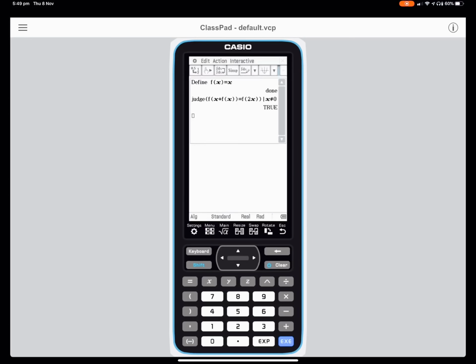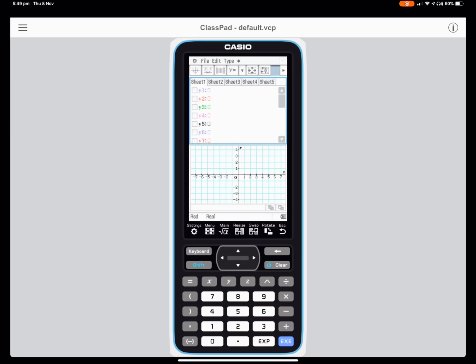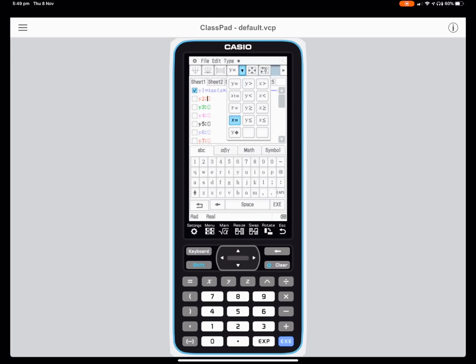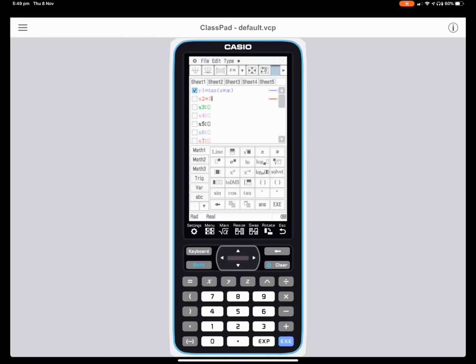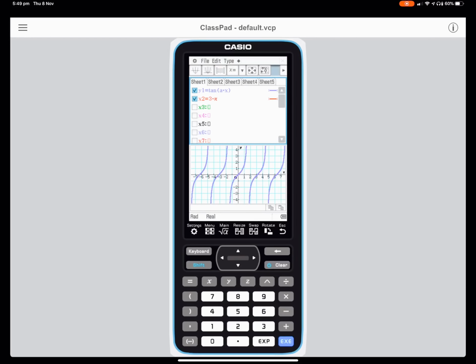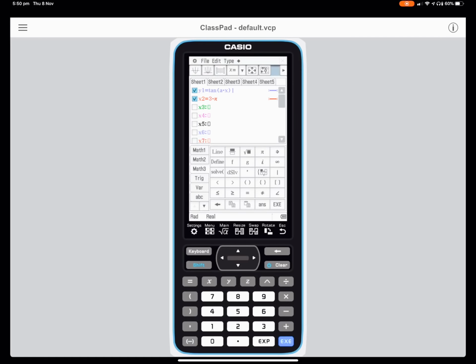So tan ax, tan a times x, and let's also sketch x equals 3 pi. So if we said a equals 1 on 6, I think was the first one.